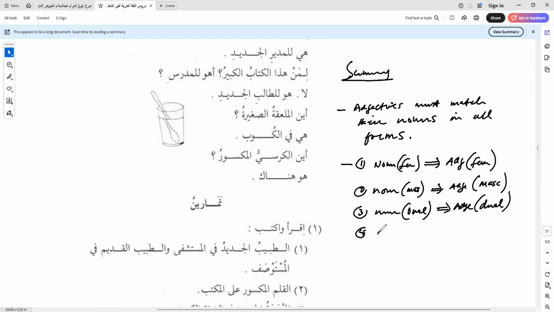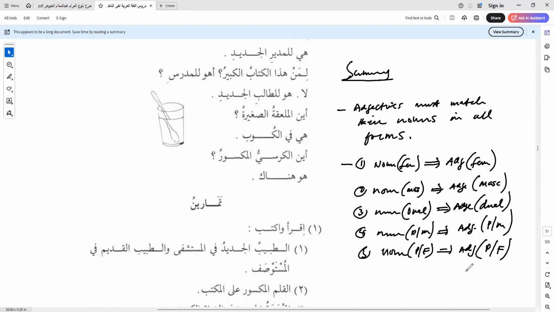If the noun is plural masculine, then the adjective must be plural masculine. If the noun is plural feminine, then the adjective must be plural feminine, etc. So everything must match.